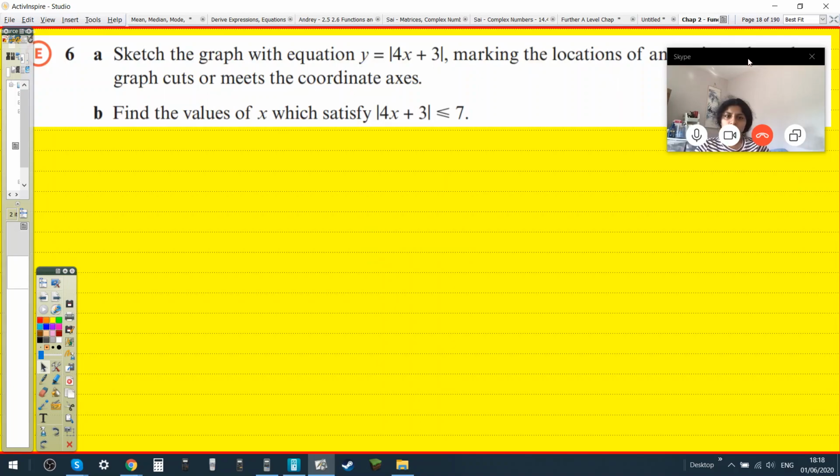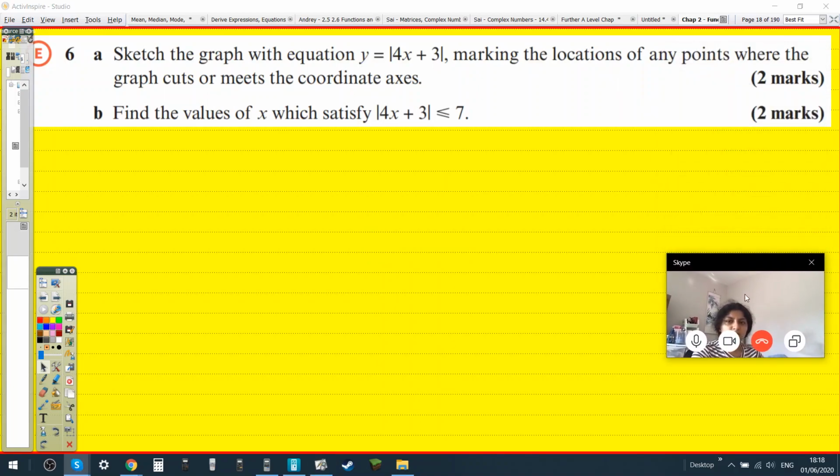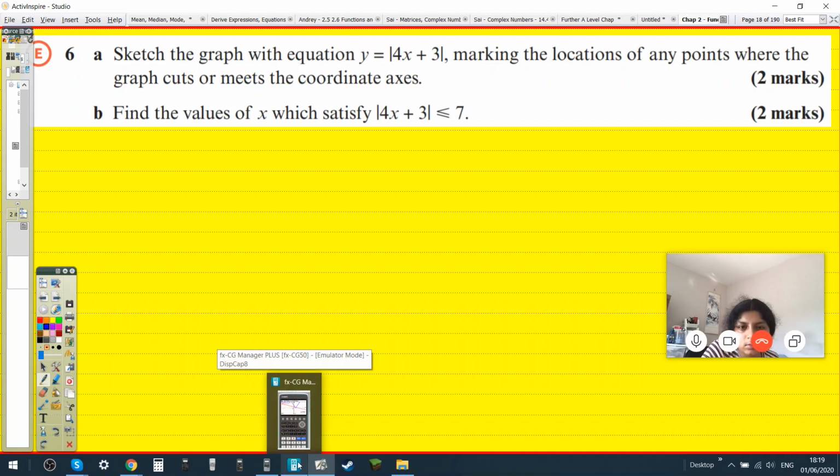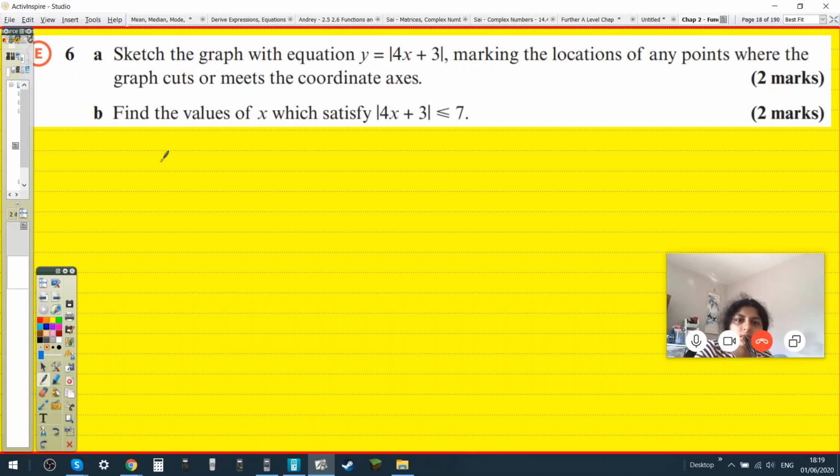Okay, exam question. How do we do this? To sketch it, you just find the x-intercept, the root, and the y-intercept, and just draw it. Using the graphical calculator, is it?